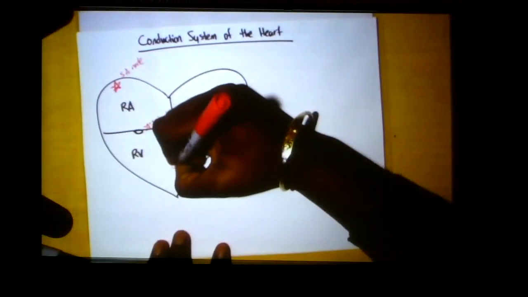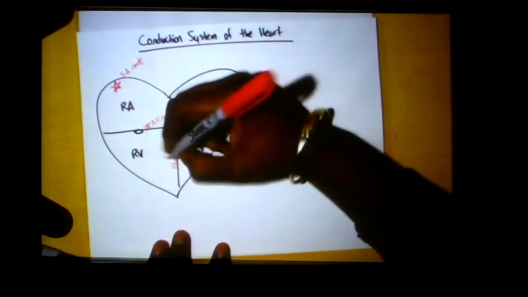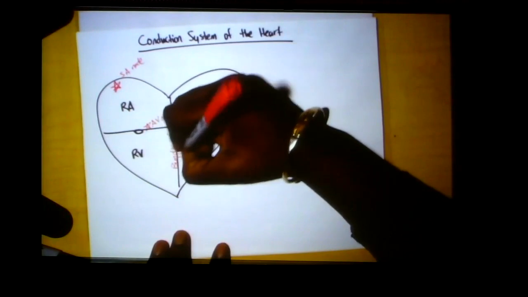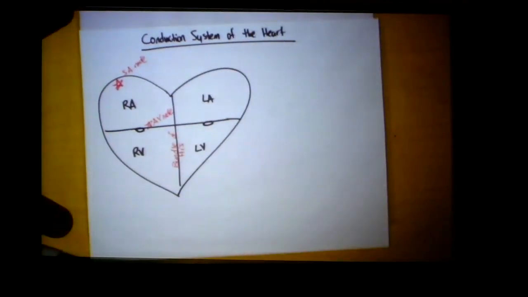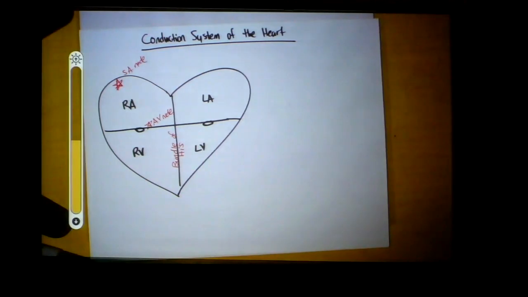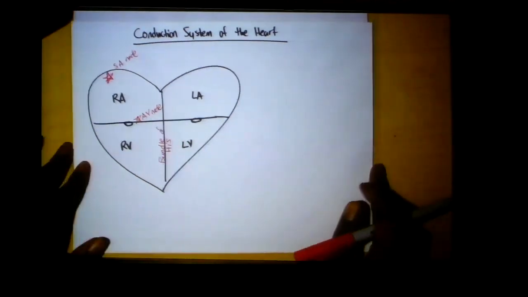The bundle of His, which is in between both ventricles, the septum here. Okay, I hope that's a little bit clearer.